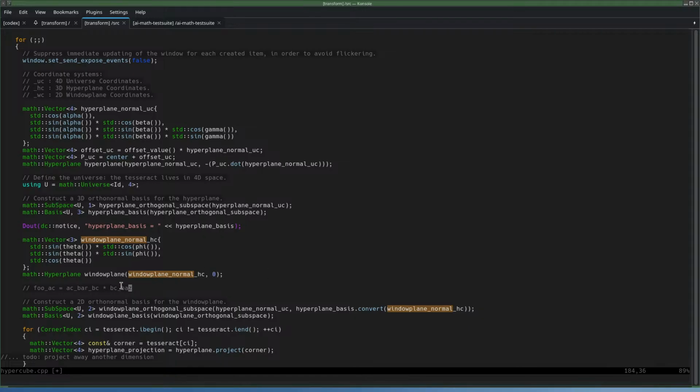So then you have this. Wait a minute, that is AC. If I use foo here, I should use foo here as well. Well, this is then the conversion.